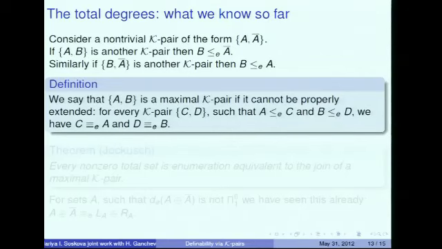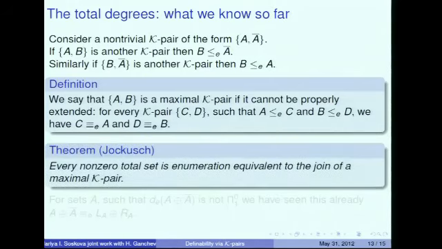Now this is a property that's definable. And furthermore, Jockusch's theorem about the existence of semi-recursive sets shows that every non-zero total set is enumeration equivalent to the join of a maximal k-pair.